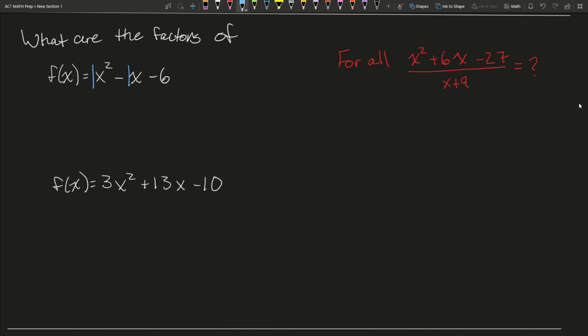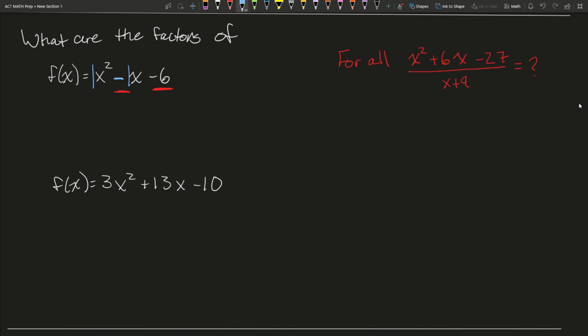When you're given an equation like this, where the front coefficient is 1, you ask yourself, what factors of this constant add up to this coefficient? This coefficient is negative, and this constant is negative.